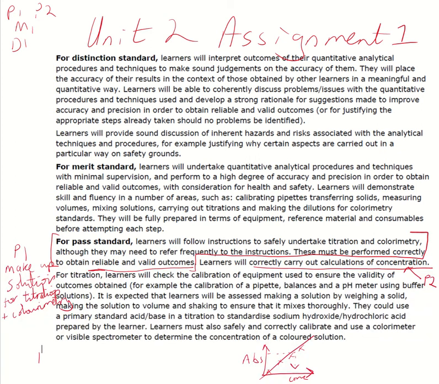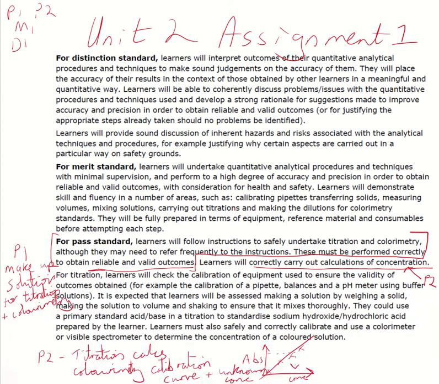So P2, got your titration calcs, your colorimetry calibration curve, plus your unknown concentration. So those are your pass criteria. Should be able to get those done within class most of the time.